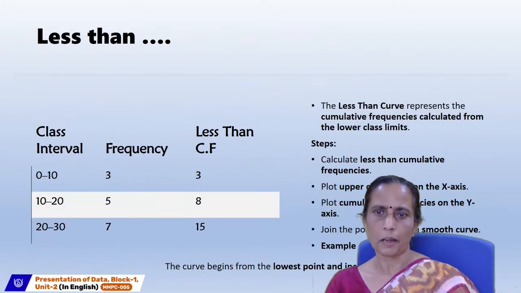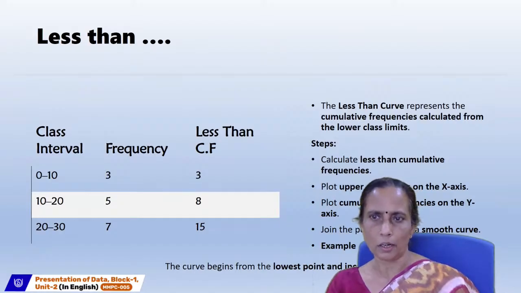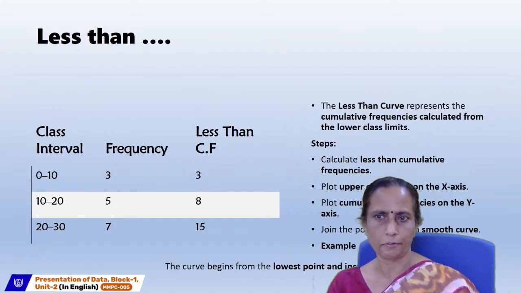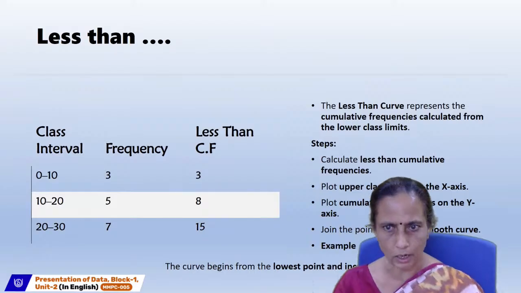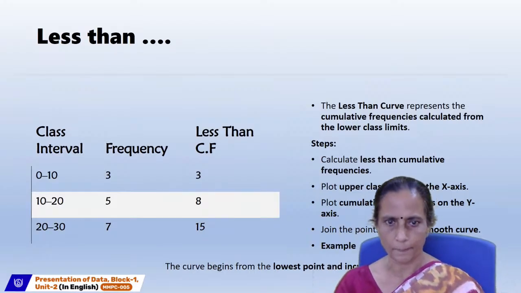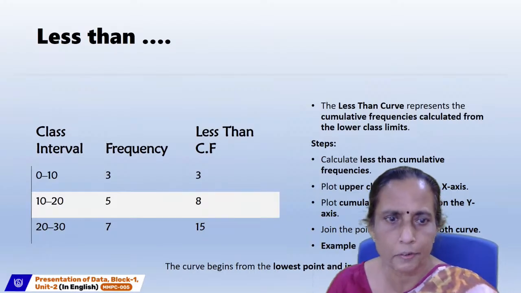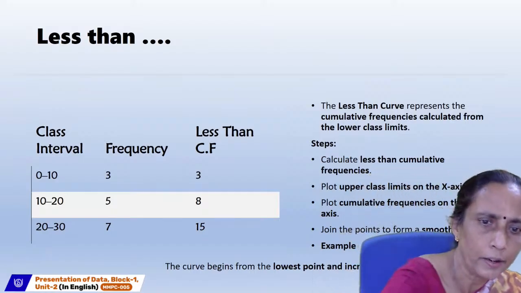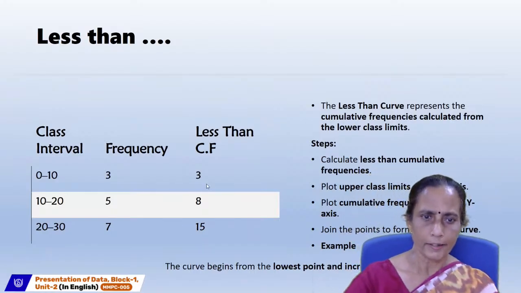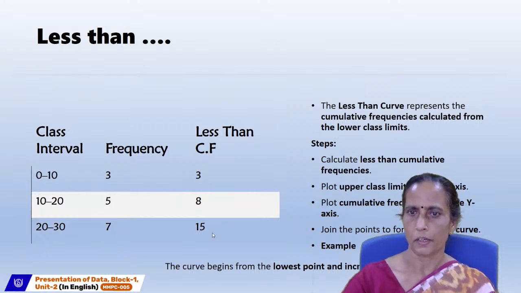Suppose this is my frequency distribution. The less than curve represents cumulative frequencies calculated from the lower class limits, that is 0, 10, 20. My cumulative frequencies less than are 3, 8, since 3 plus 5 is 8, and 7 plus 8 is 15.